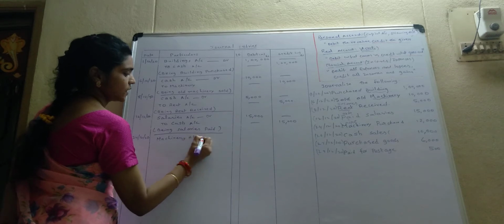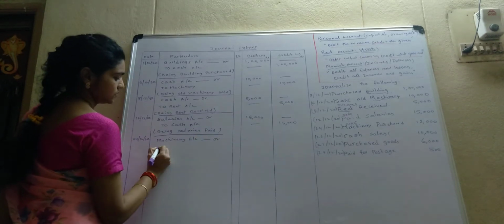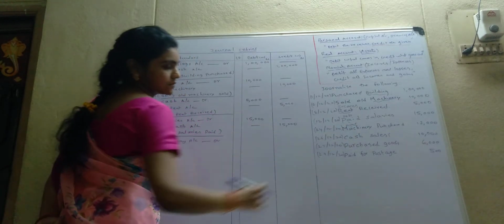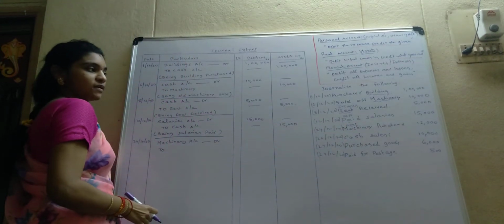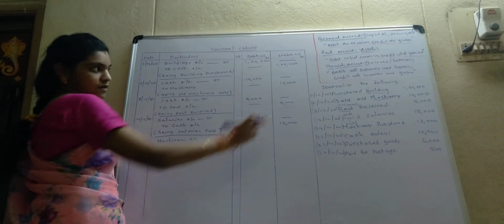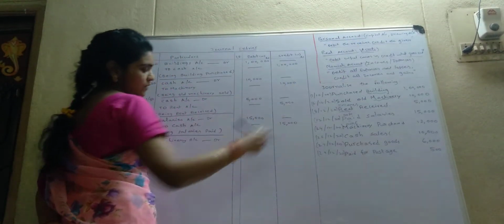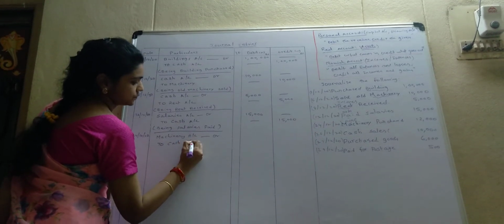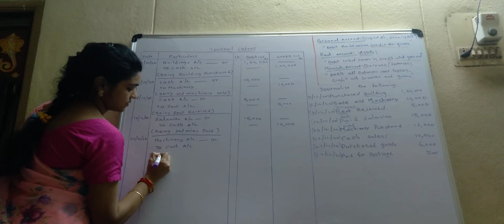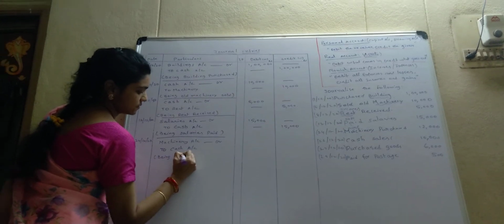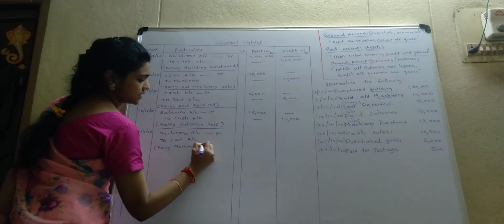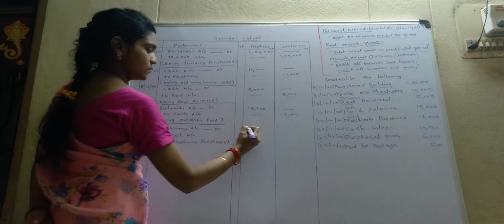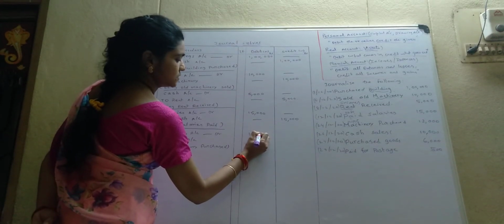Machinery account, debtor, to purchase. At the time of purchase, what we have to pay? Cash. Credit what goes out. What goes out here? Cash. So being machinery purchased. What's the amount? 12,000.